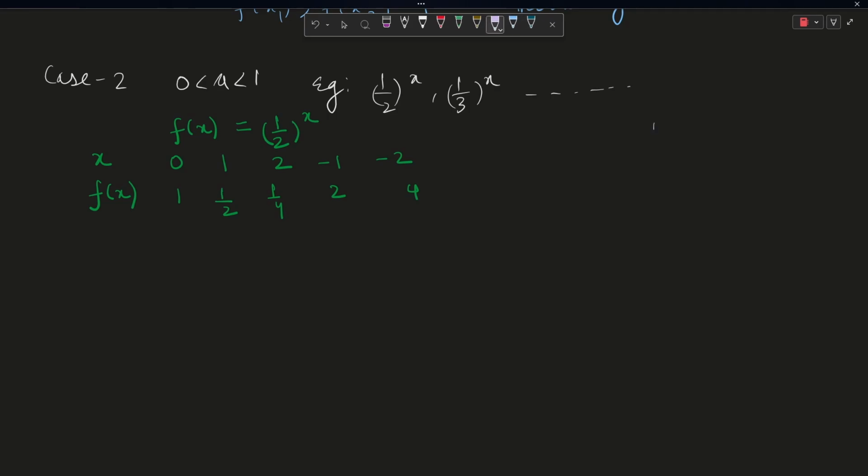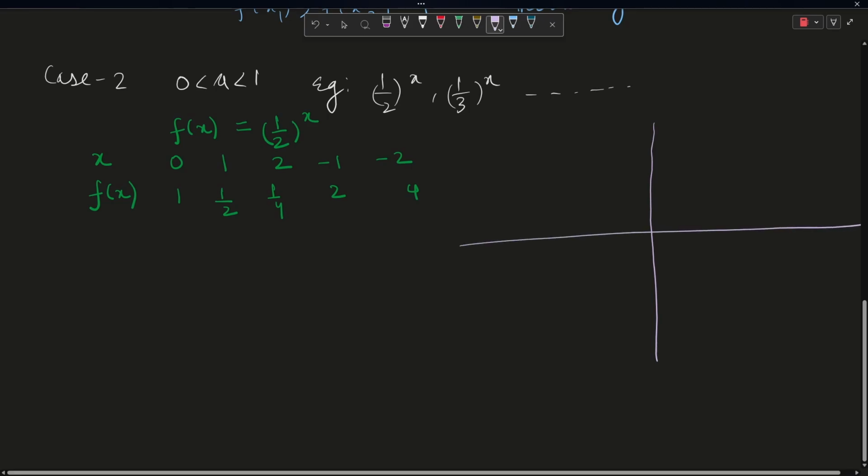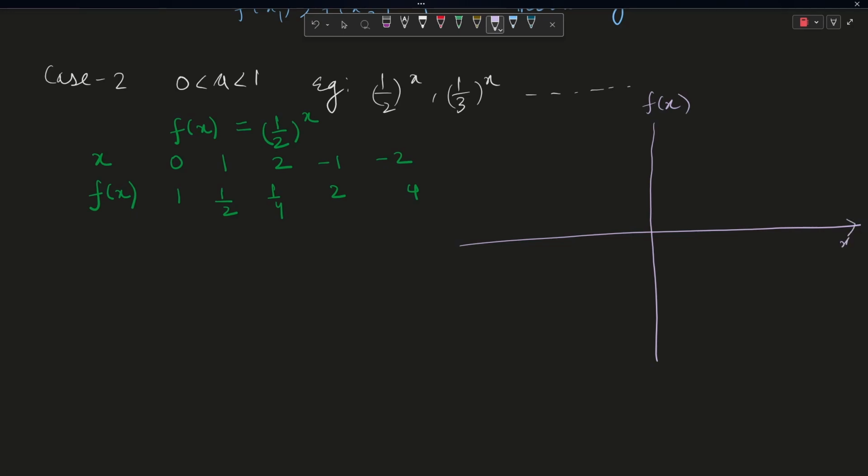For drawing the graph, we can have two axes. This is f of x and this is x, right? And now we will plot the points. So 0, 1, 2, -1 and -2.